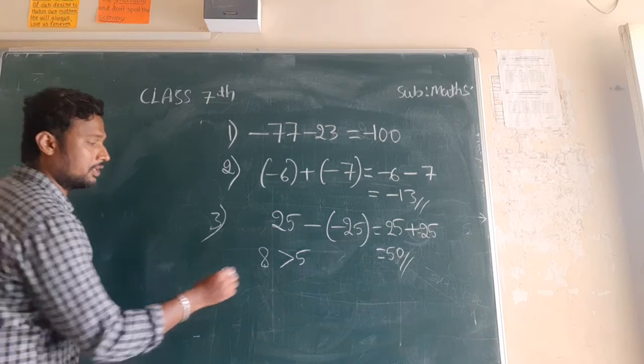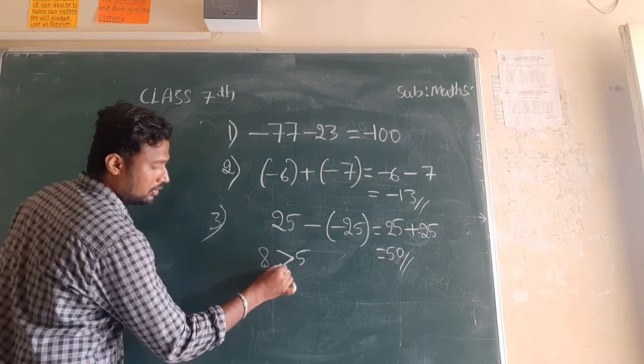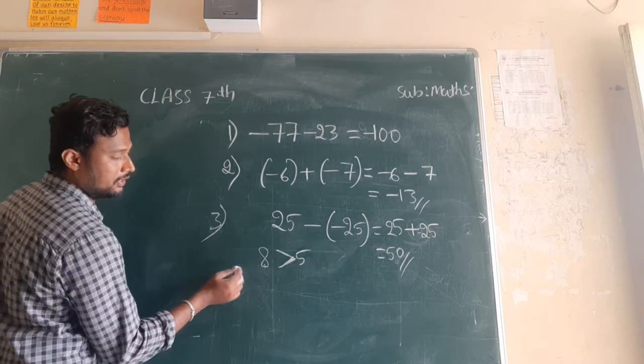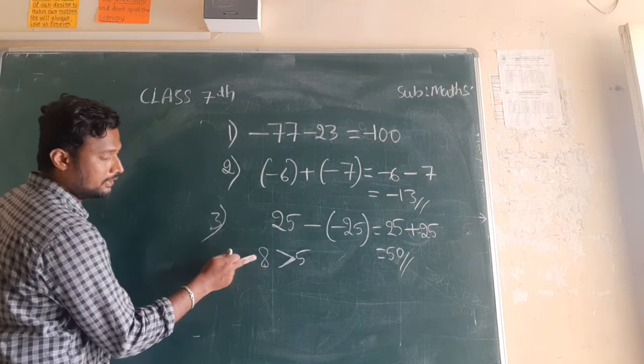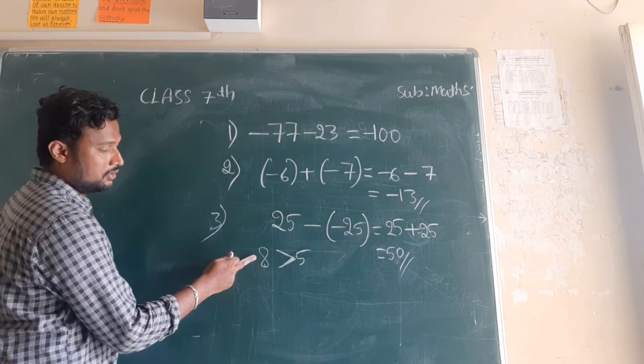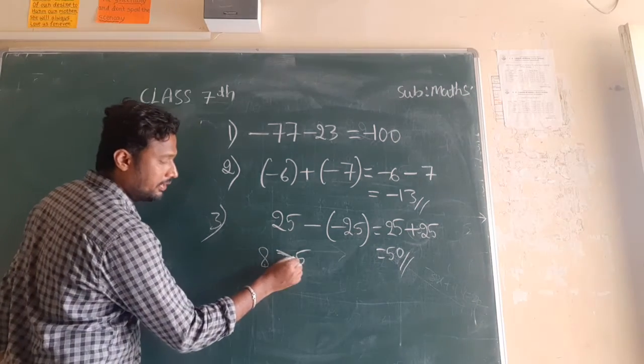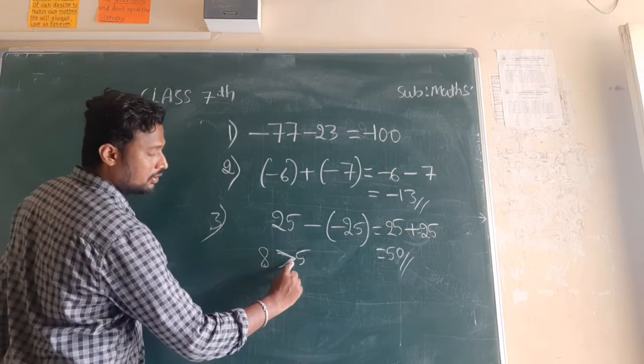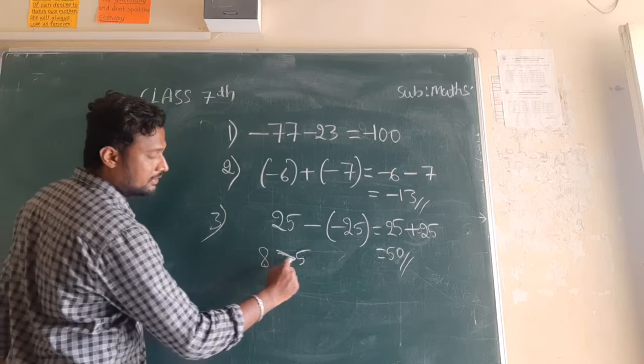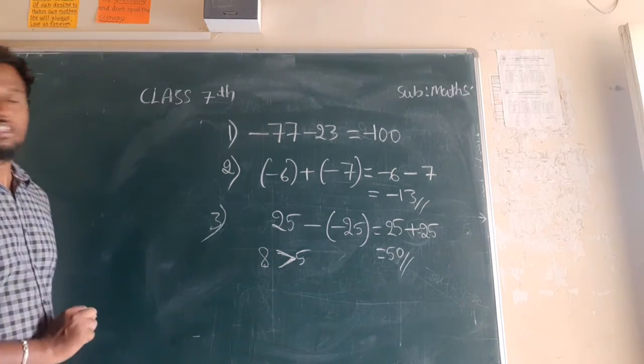This is how to represent it. Here this mark is indicating towards 8, and this corner is indicating 5. This tells that 8 is greater than 5.